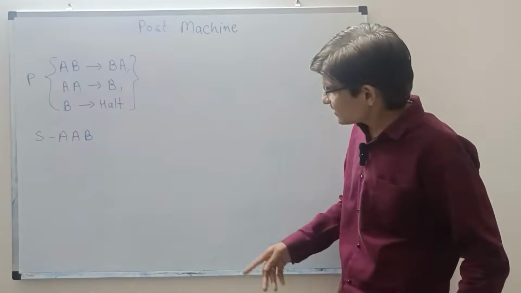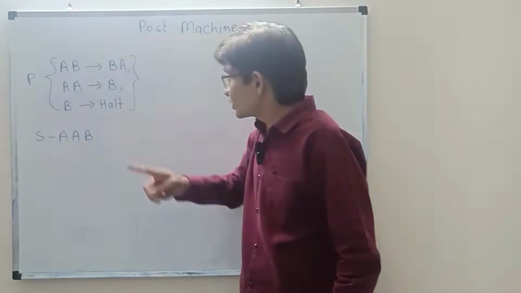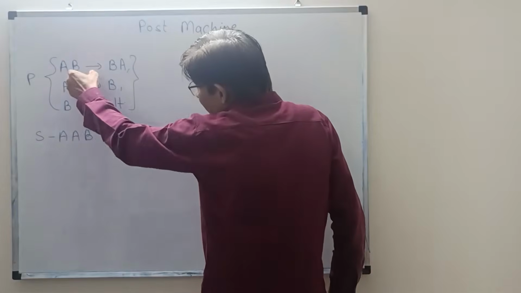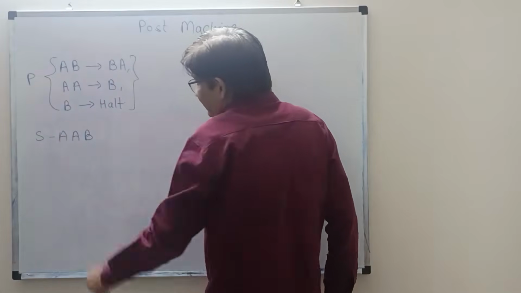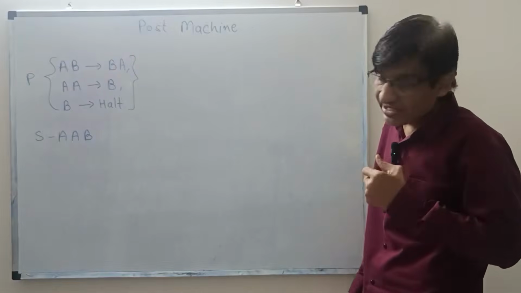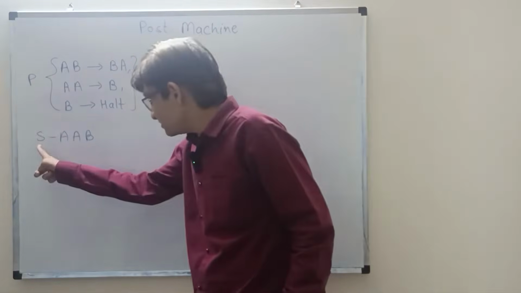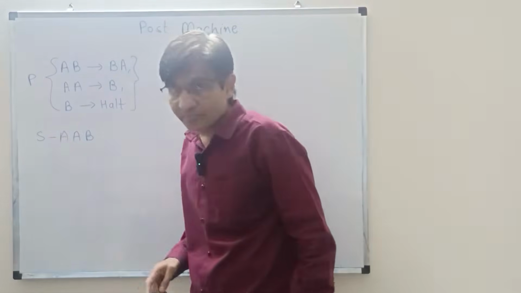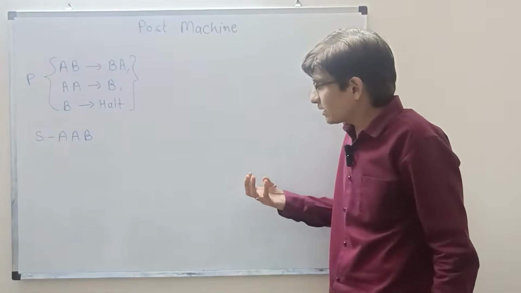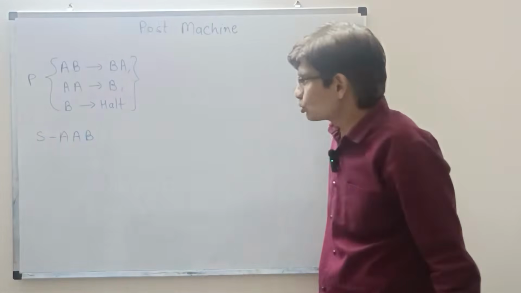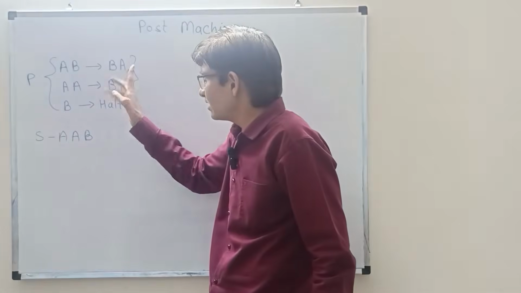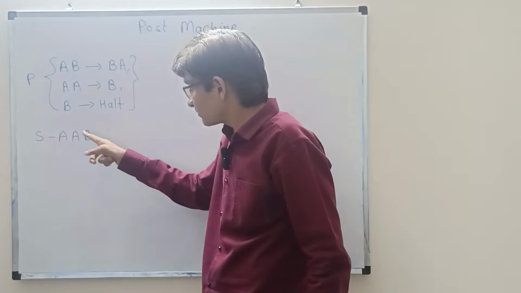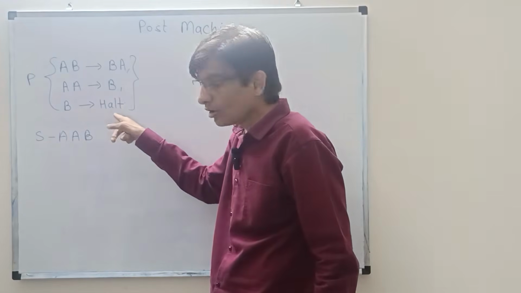So friends, this is one example of post machine. These are the production rules, which are represented as set P, and this is the initial string S, AAB. Now, if you identify the alphabets here, capital A and capital B will be the alphabets, and the stopping condition of the fourth tuple would be B gives halt.